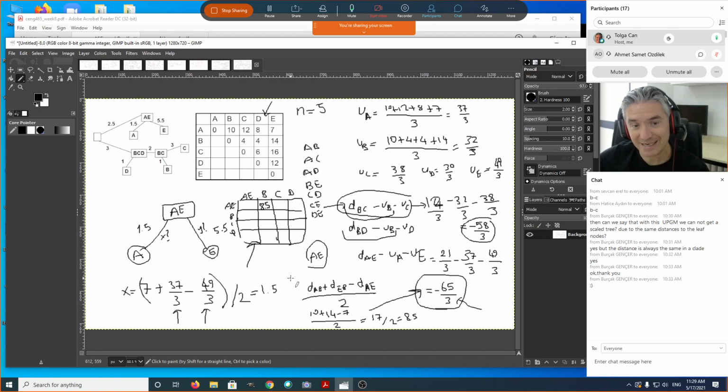What I mean is that in the second iteration, this will be our only reference point because AE is considered as a single object at the second iteration. This first matrix is only referred to in the initial first iteration. In the second iteration, when I'm computing, for example, UAE, UB, UC, UD, I will be doing the entire iteration on this single matrix. Okay, that's another important property of neighbor joining.